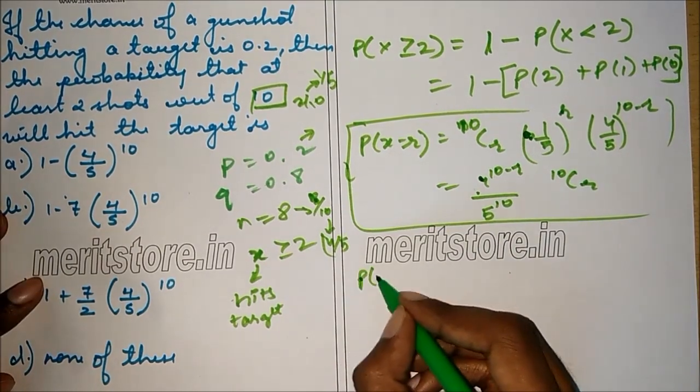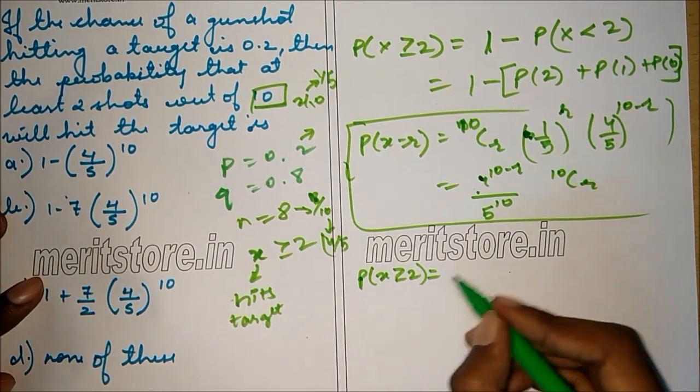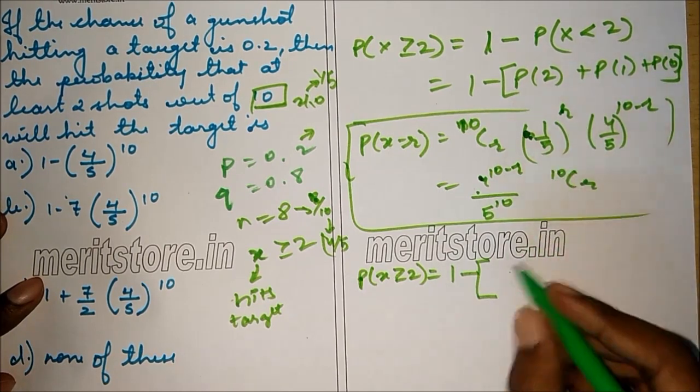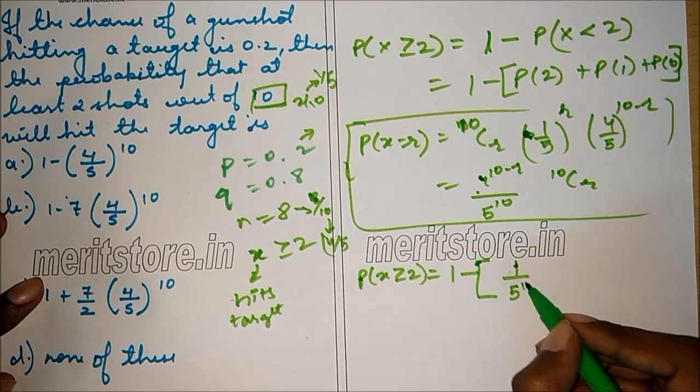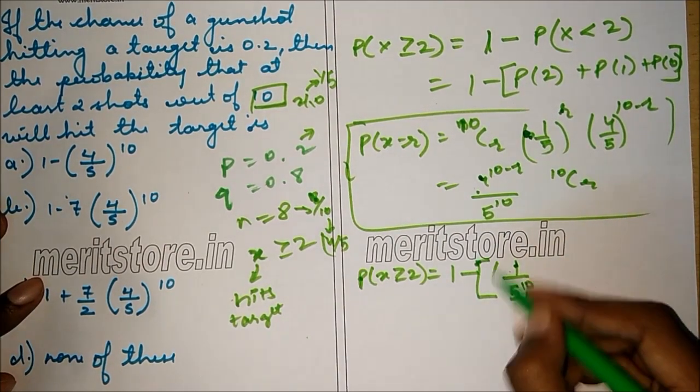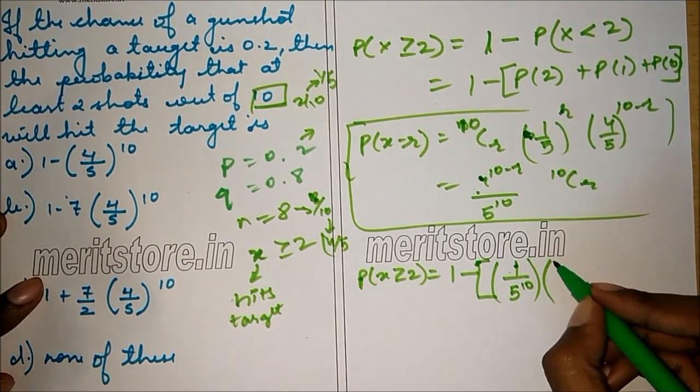So P of X greater than or equal to 2 will be 1 minus P of 2, now we take 1 by 5 raised to 10 common.